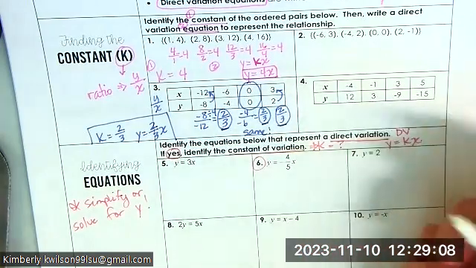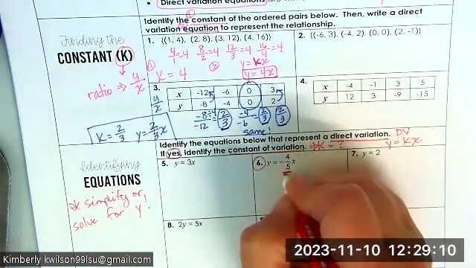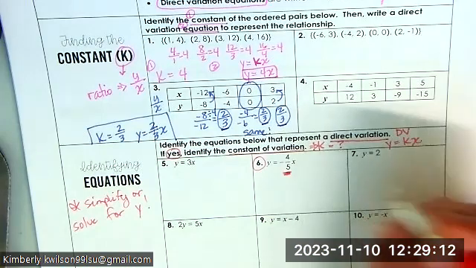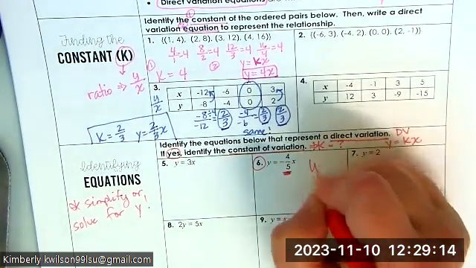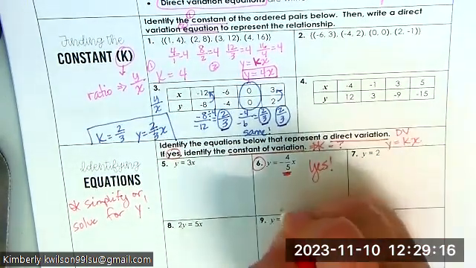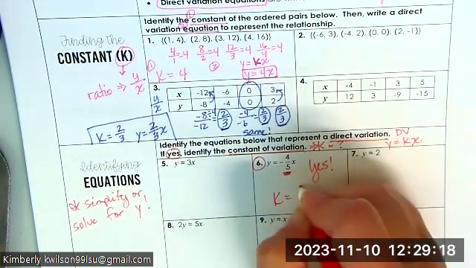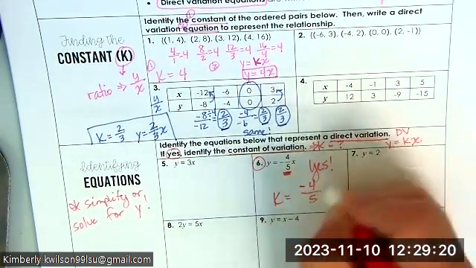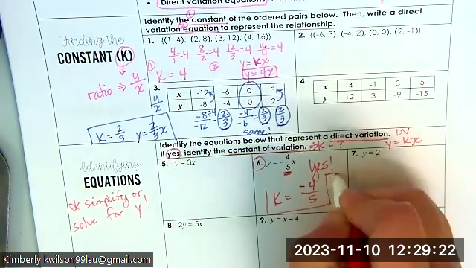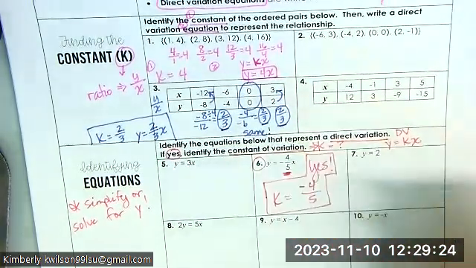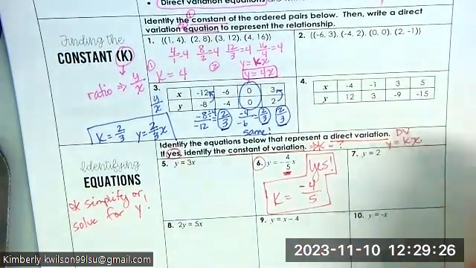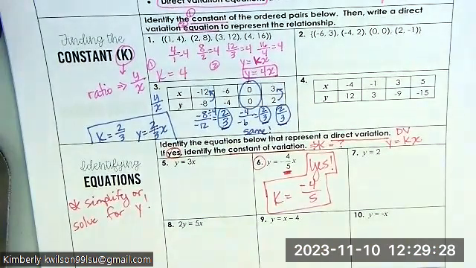This is already solved for y. So what is in the k spot? Negative 4/5. So this is yes. And the k equals negative 4/5. There we go.